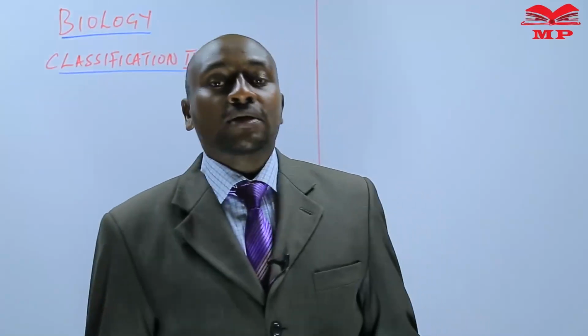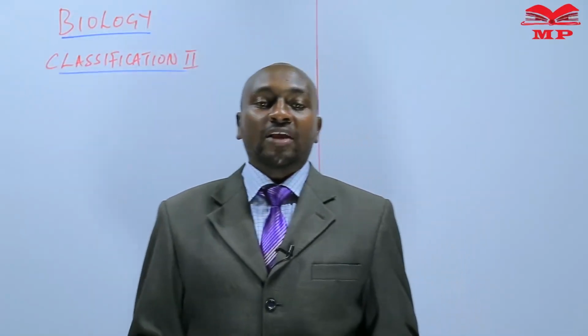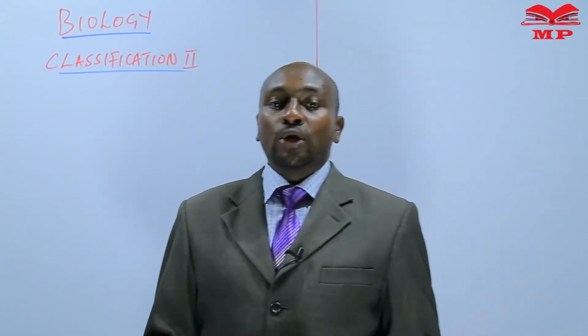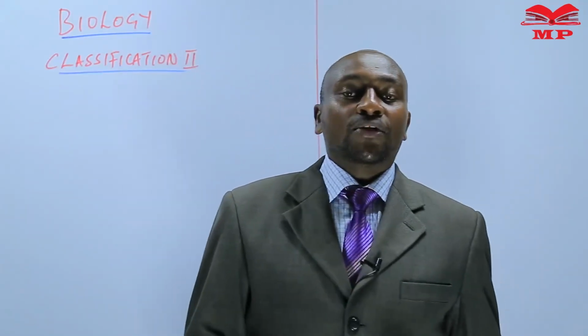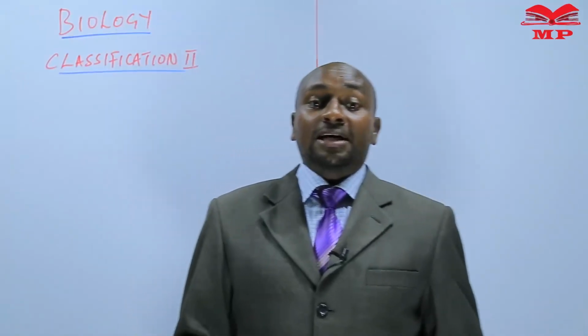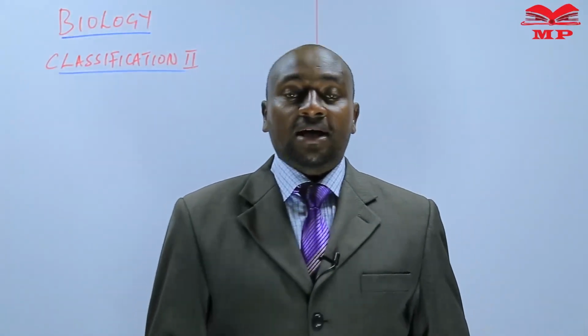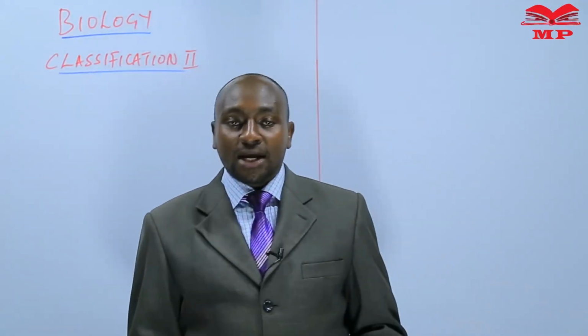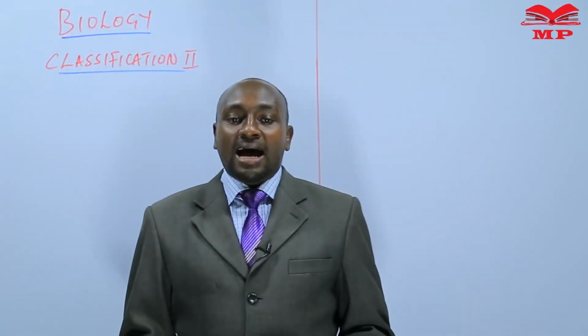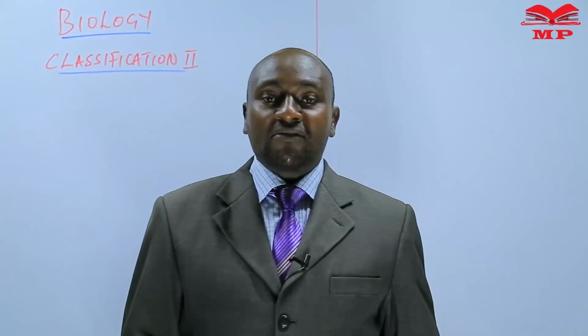Last lesson, we learned about the kingdom Protoctista, and we looked at 3 characteristics. Number 1 is that some of the organisms in that kingdom are unicellular, that means single-celled, while others are multicellular, having many cells.